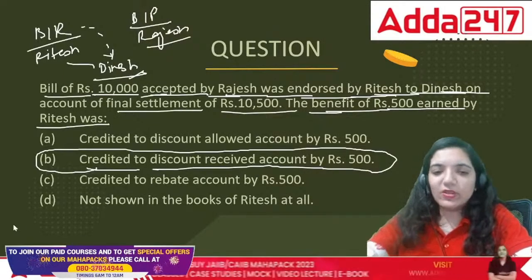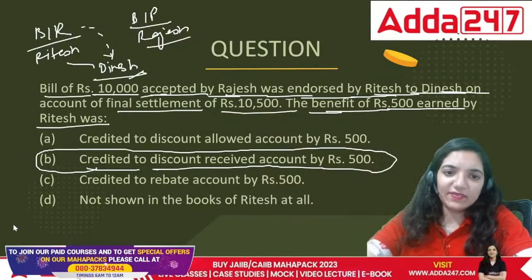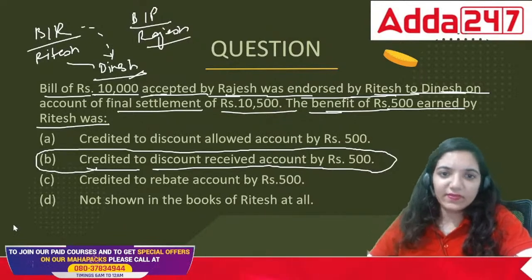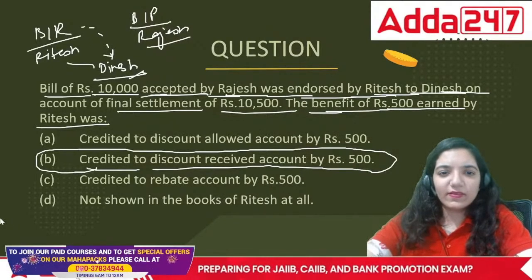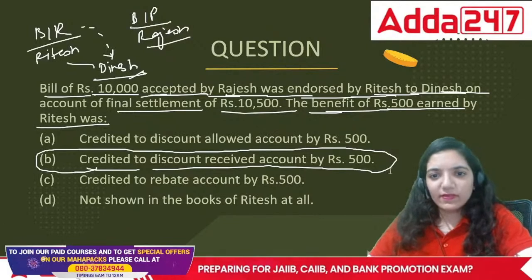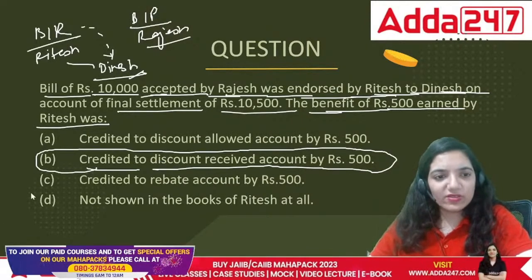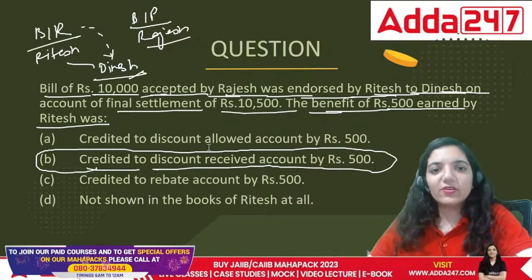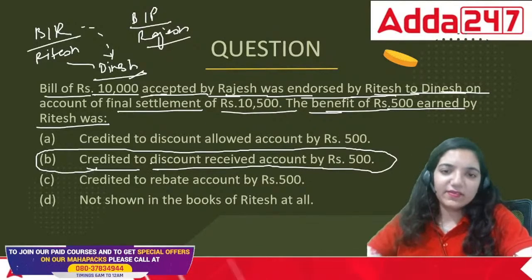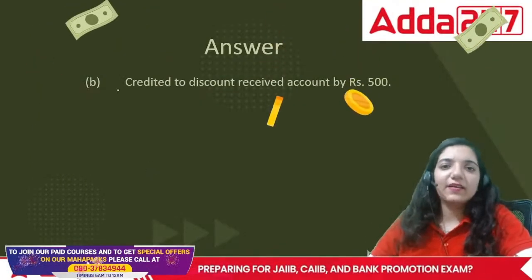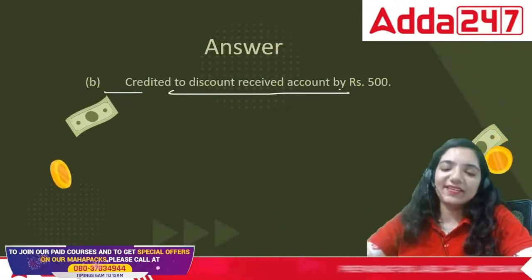This amount should be on the credit side. It is basically a discount, so the nature of the discount is always on the credit side. So the answer is B. It is on the credit side.